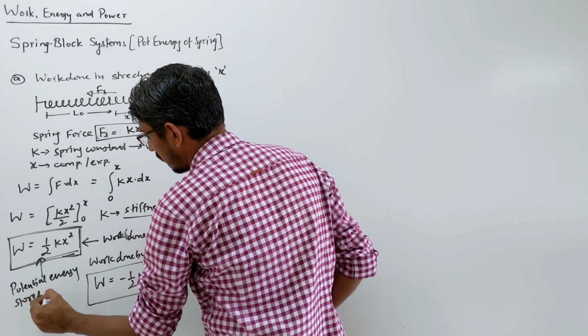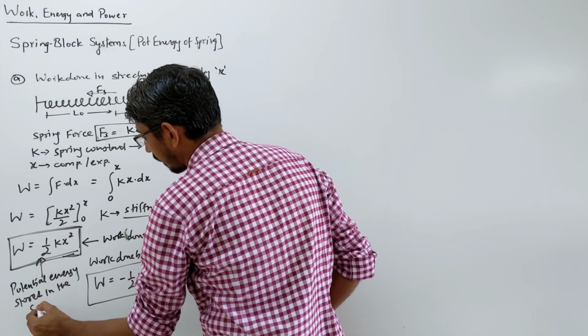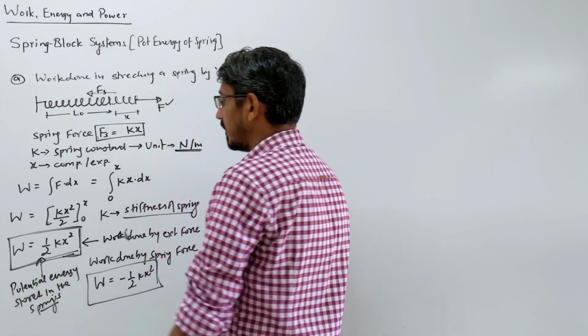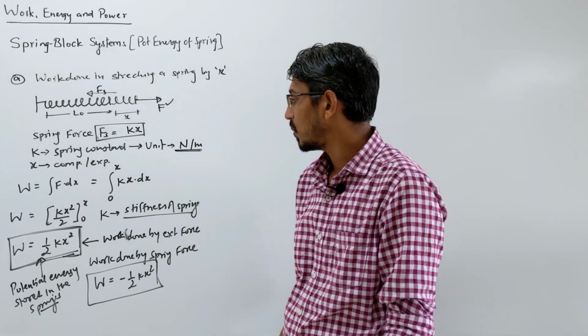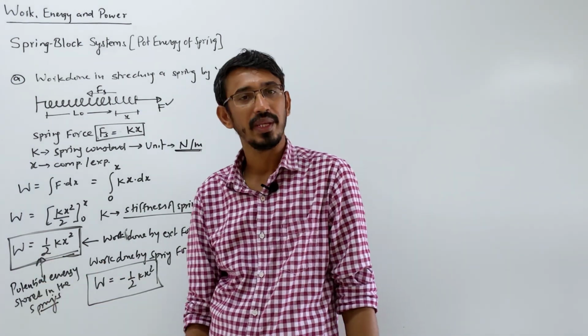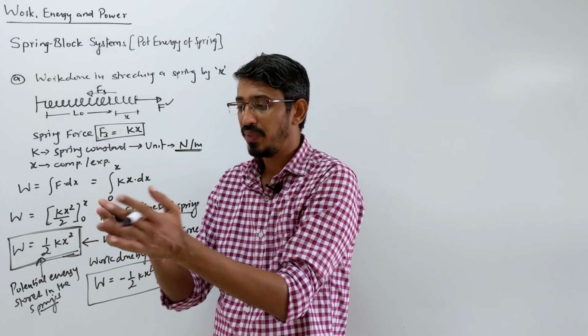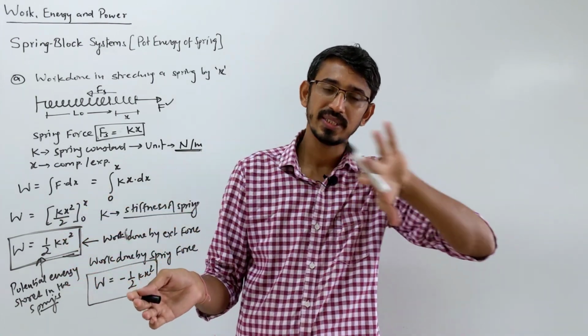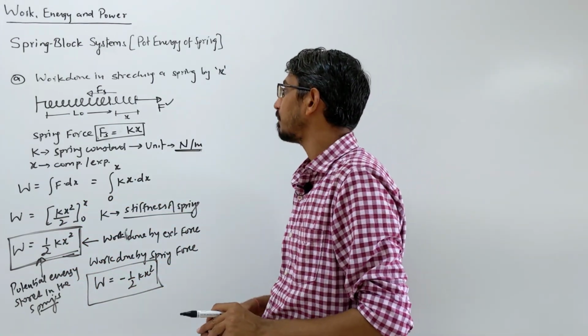Work done in stretching or compressing a spring is simply equal to the potential energy stored in the spring. When you compress and then leave it, this potential energy will be converted into some other energy again. Okay, we will see them.